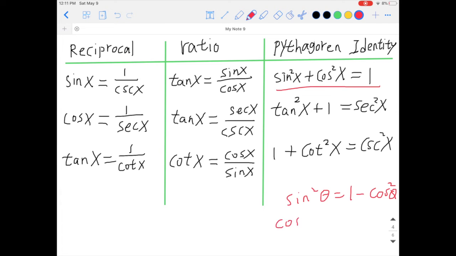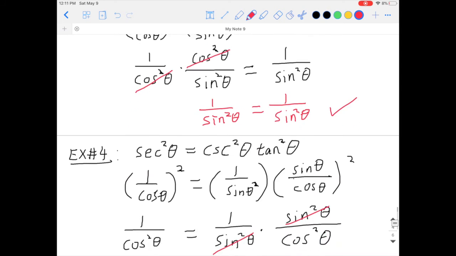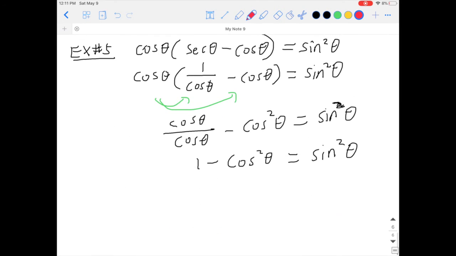And if I look for cosine, then it would be 1 subtract sine. So back to this. 1 minus cosine theta. It will be the same thing according to the formula. This is sine squared theta. So sine squared theta, and we just proved the trig identity here.